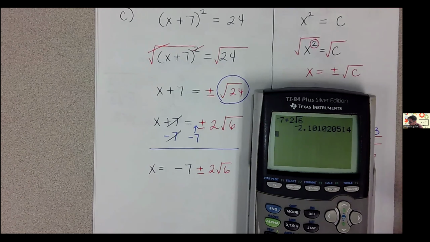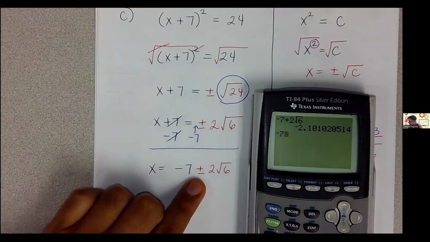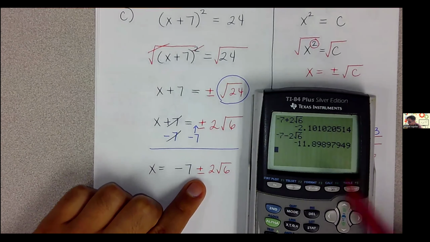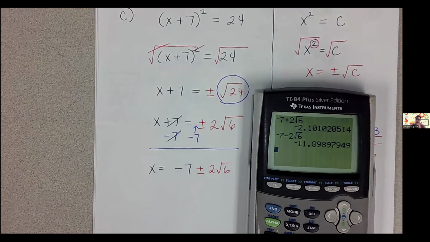Similarly, negative 7 minus 2 root 6 is just another number. It's not the prettiest number I've ever seen. Negative 11.89897949, whatever. But these are just numbers. So if we needed to place them on a number line, we could get their approximate position just by putting them in the calculator and seeing what their decimal representation is.